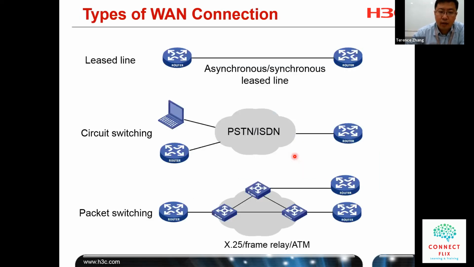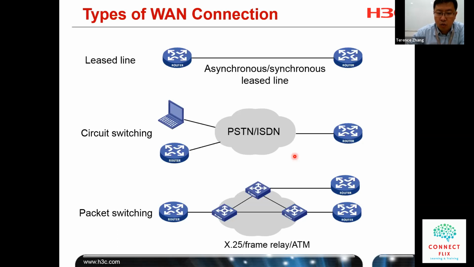And for types of WAN connection, just remember these three types. Circuit switching and packet switching we also mentioned just now. Circuit switching is quick, with no latency, compared with packet switching.